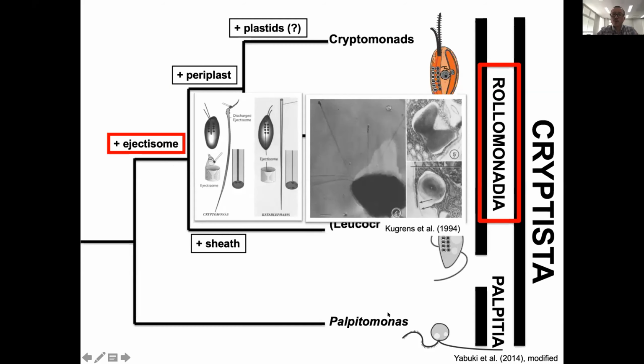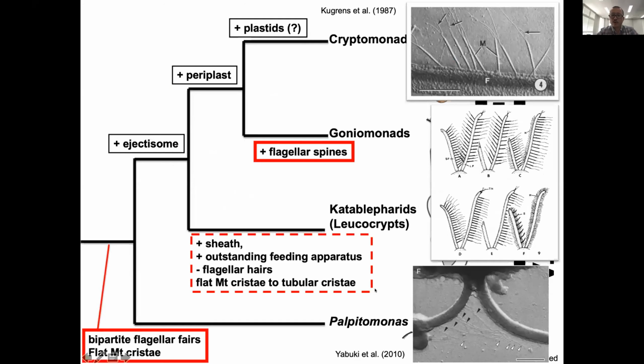Palpitomonas is morphologically and ultrastructurally different from the members of Rollomonadia. However, Palpitomonas also has bipartite flagellar hairs. You can see the flagellar hairs: black arrows indicate the shaft, and white arrows indicate terminal hairs.